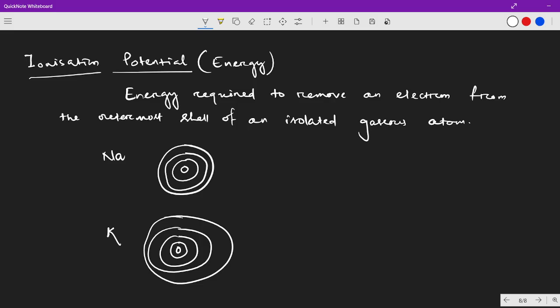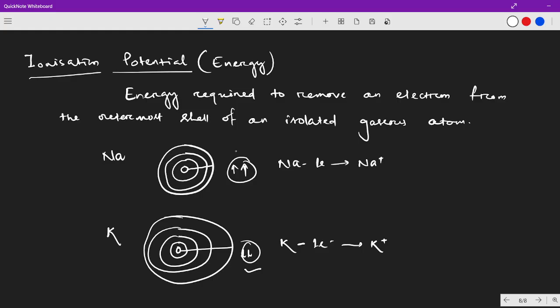Hence, from this atom, the electron can easily be removed. That means less energy will be required for potassium and more energy will be required for sodium to remove the electron from its outermost shell, right? So when the electron is removed, it will become positively charged. Here also the same, when the electron is removed, it will become positively charged. But the point is, where we need more energy and where we need less energy.